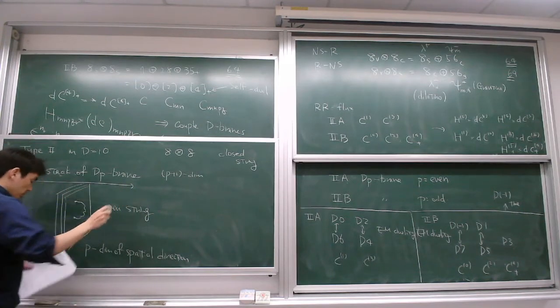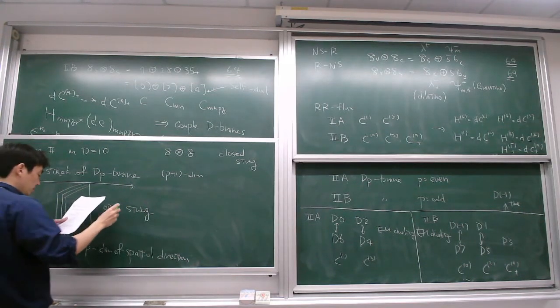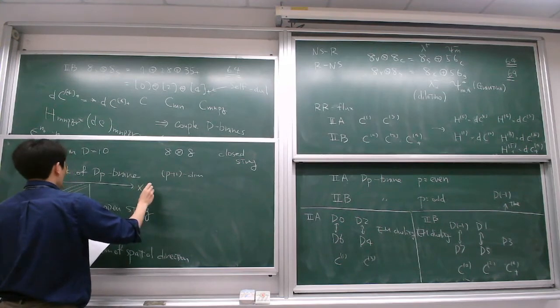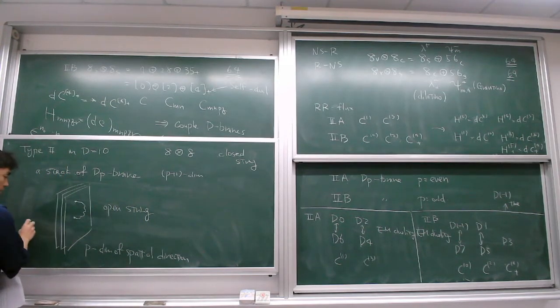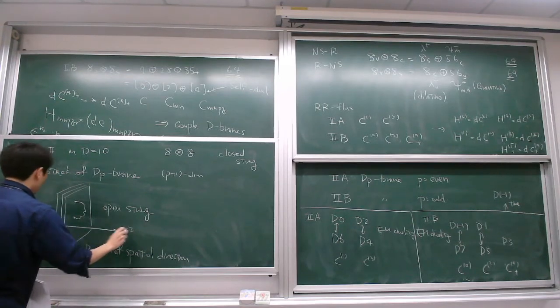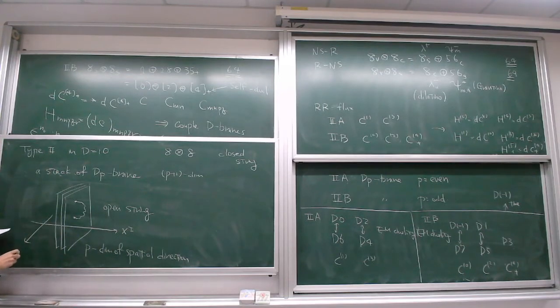So let's consider this spatial direction x^i, and the other direction is x^a. And this is the time direction, x^0.